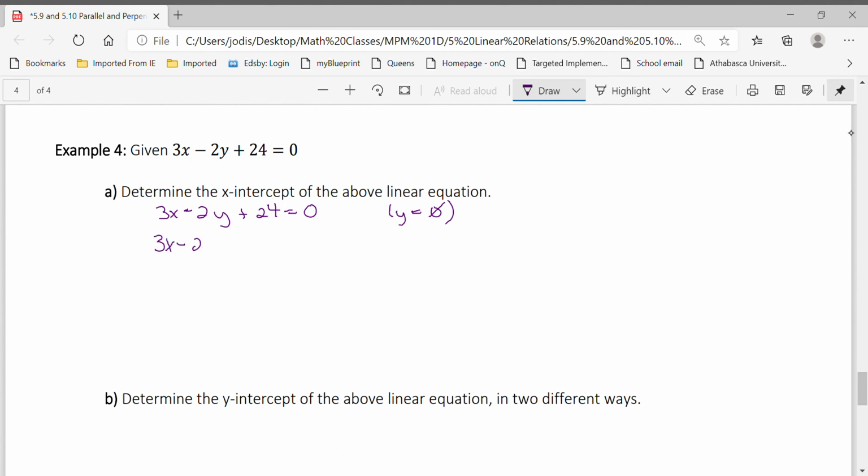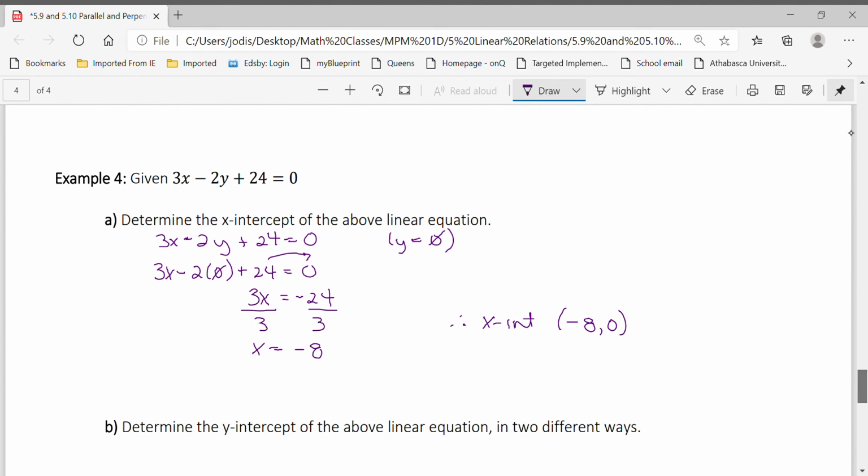So I'm going to set y to 0. Now I'm going to have 3x plus 24, but I know I need to move that 24 over, so I'm just going to do that all in the same step. Then I'm going to divide both sides by 3, and x equals negative 8. So therefore, my x-intercept is negative 8, 0.